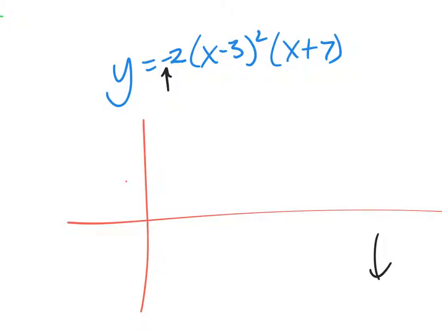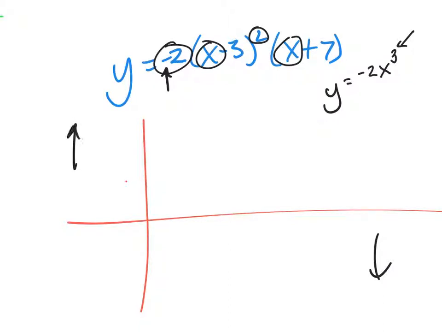Next, did any of you take a second and figure out that the lead term would have been negative 2x to the third? Because that times that squared times that. That tells you that this is an odd one, which means the ends have to go opposite ways, which means that end goes up.